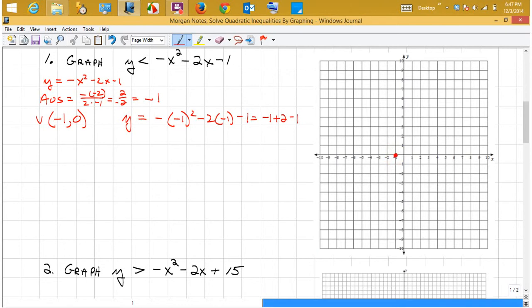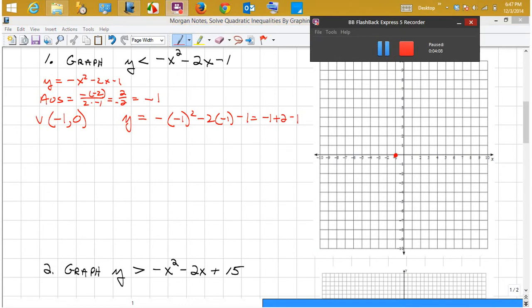And let's find another point to plot. Remember when I had my axis of symmetry equal to 1, I had a y value of negative 4. So although that was a mistake, I already know what it's going to be if I plug 1 into the equation.